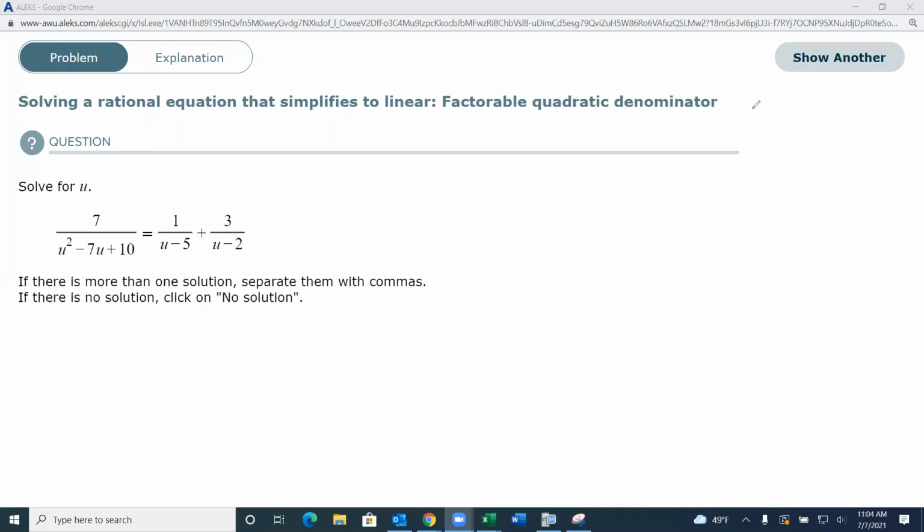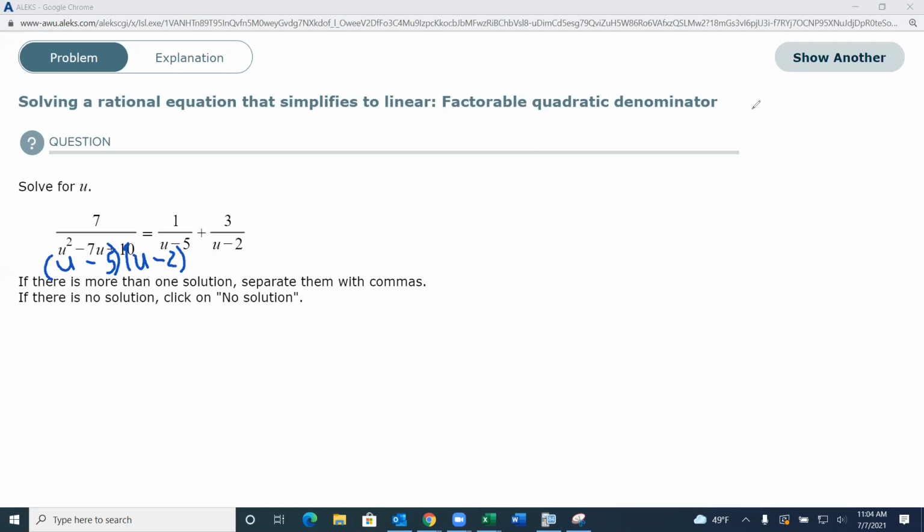All right, same thing again. Start by finding the least common denominator, and to do that, I need to factor the denominators. Well, the second and third denominators are linear with no GCF, so they don't factor. So that's nice. The first one, though, very likely factors, and it's going to be u minus 5, u plus or minus 2.